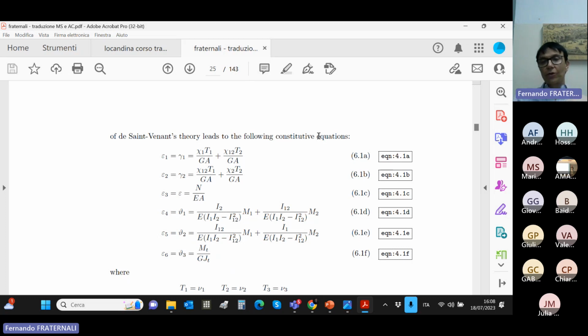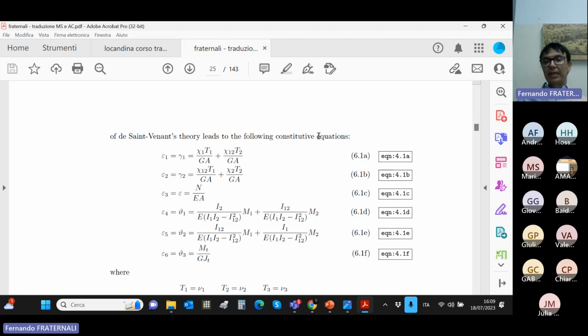Those couplings are also present in the straight beam. Why are we not assuming that these axes are necessarily coincident with the principal axis of inertia?